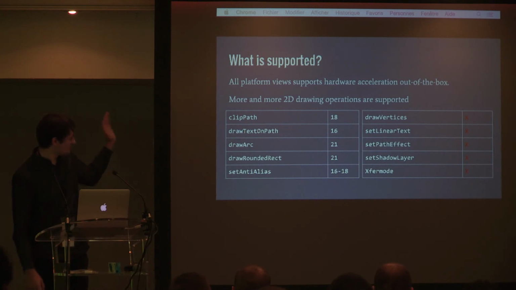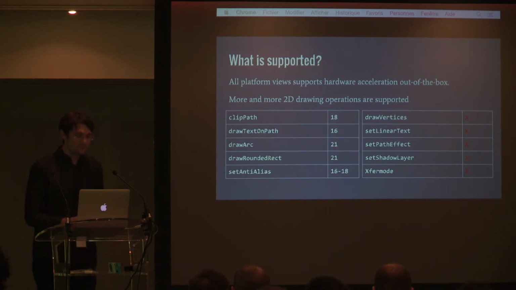I've just listed some operations and the API level, and some operations that are not supported. The most basic operations on Canvas are supported, so you can be lucky and just have hardware acceleration without worrying at all.